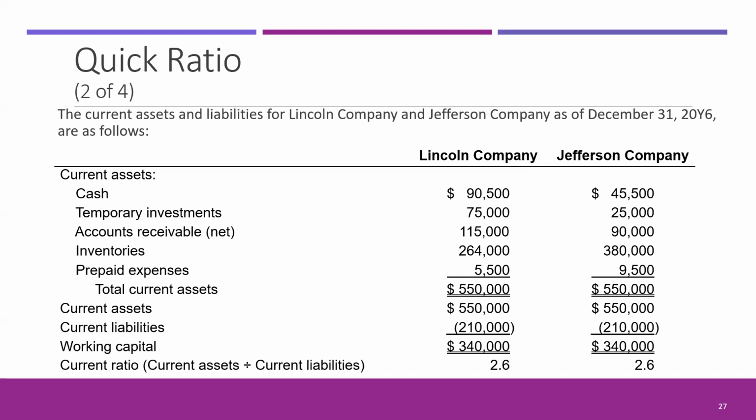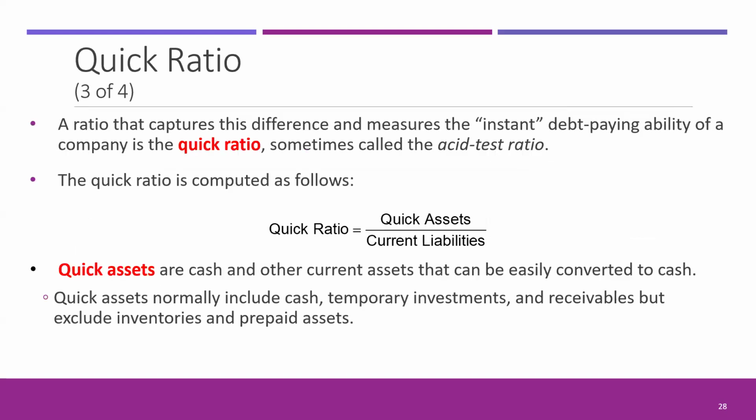When they use up prepaid expenses, that's going to go right to expense accounts. If you prepay your rent, that's not an asset that you can sell off to some other company. So that stuff is not included. It only includes quick assets, which is cash and other current assets easily converted to cash: temporary investments, receivables, not inventory, not prepaids.